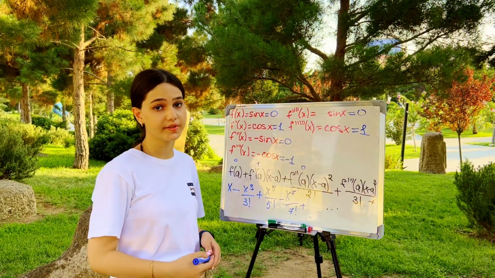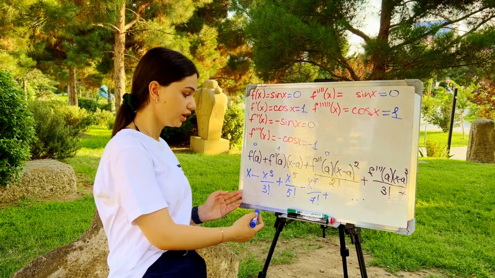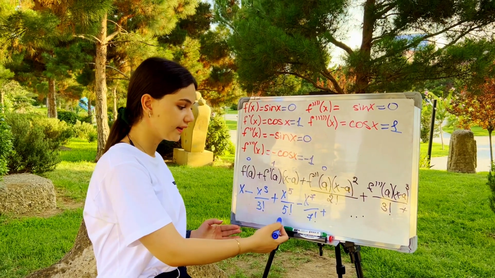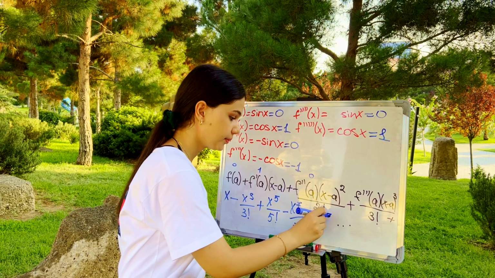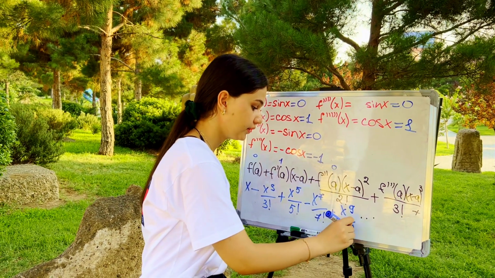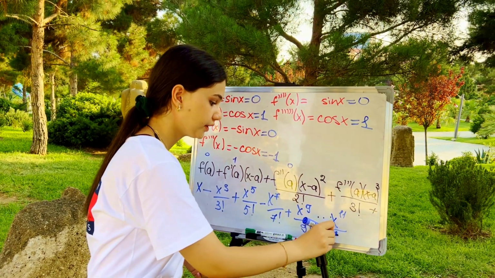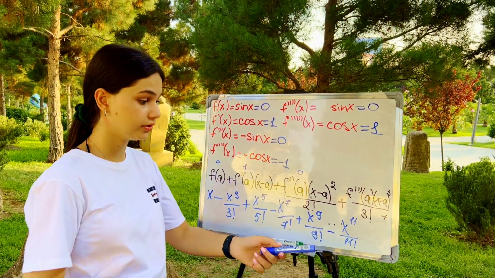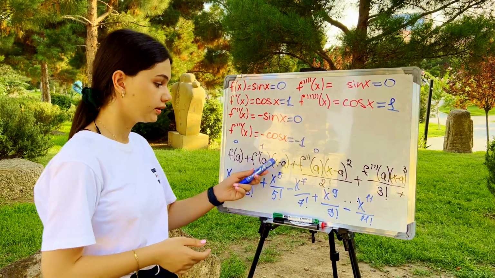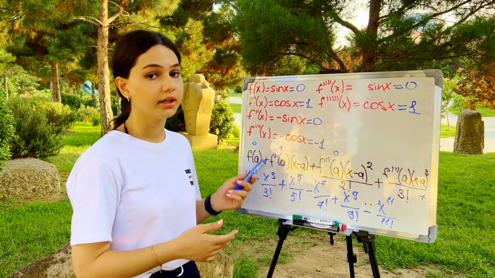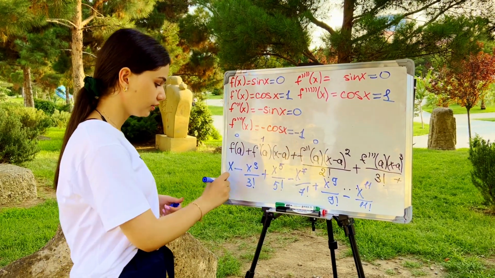And we can also see another pattern: we started with a positive sign, switched to negative, positive, negative, now again positive. It will be x to the 9th power divided by 9 factorial minus x to the 11th power divided by 11 factorial, and it will continue plus, minus. The signs will alternate, and we will be left only with odd powers and factorials. This is our definition of sine of x.